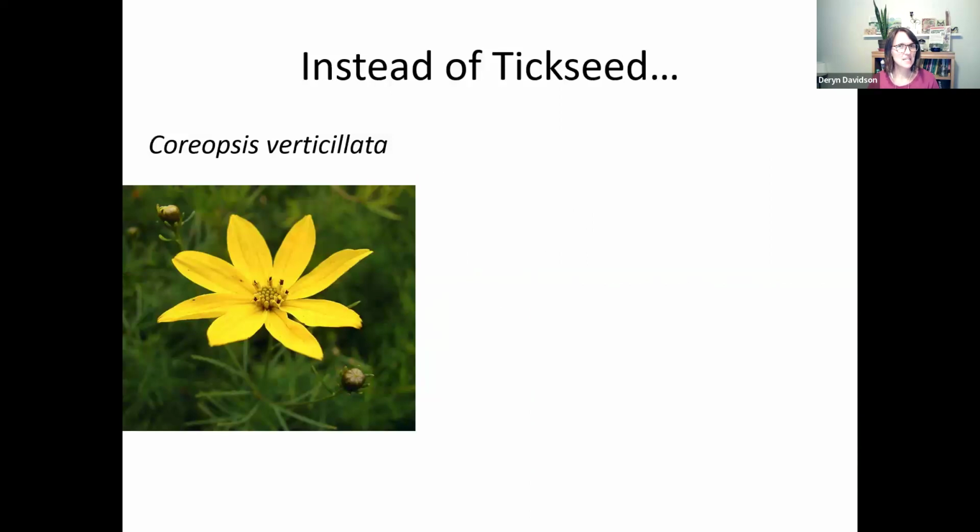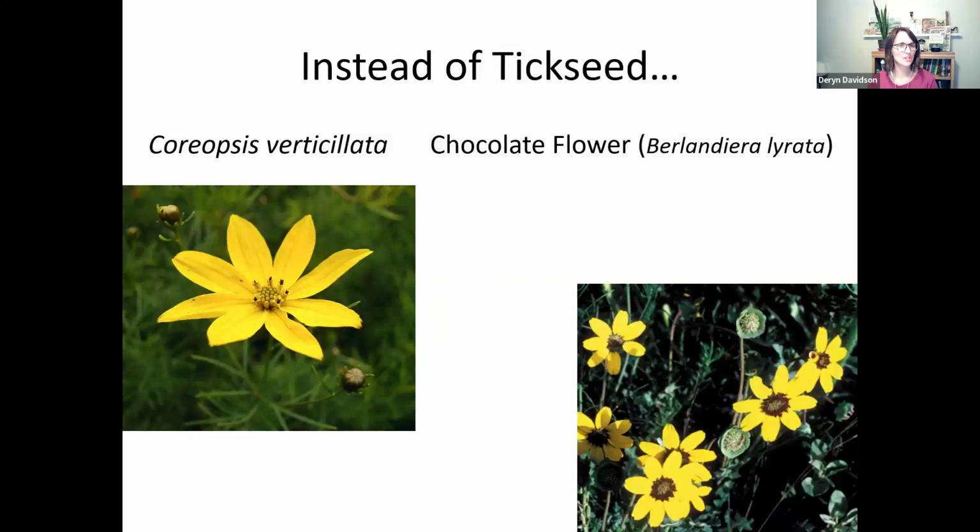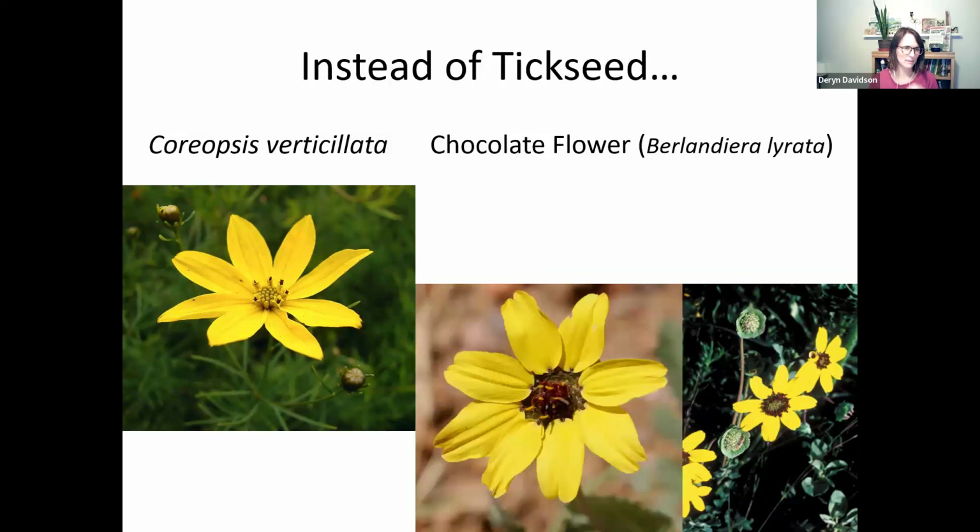Instead of tickseed or coreopsis, we've got chocolate flower, Berlandiera lyrata. This is a really fun plant. This is one of my favorite native plants. It's bright yellow, it's cheery, it's happy, it is tough as nails. You will see it growing in some of the hardest spots. It'll volunteer, hardly needs any water, and it'll just be covered in yellow flowers all season long.